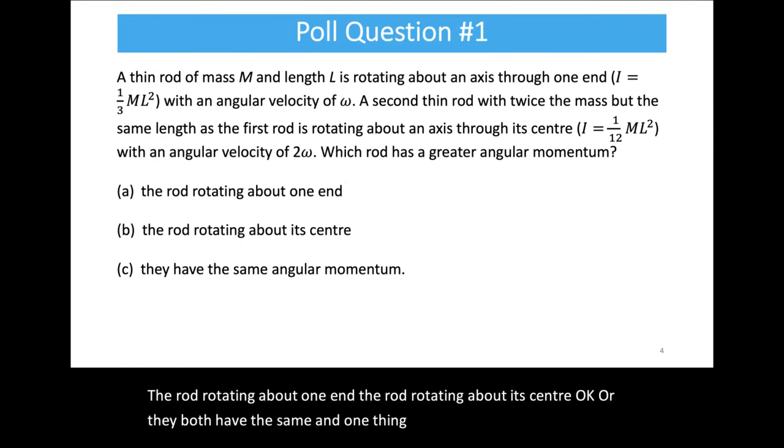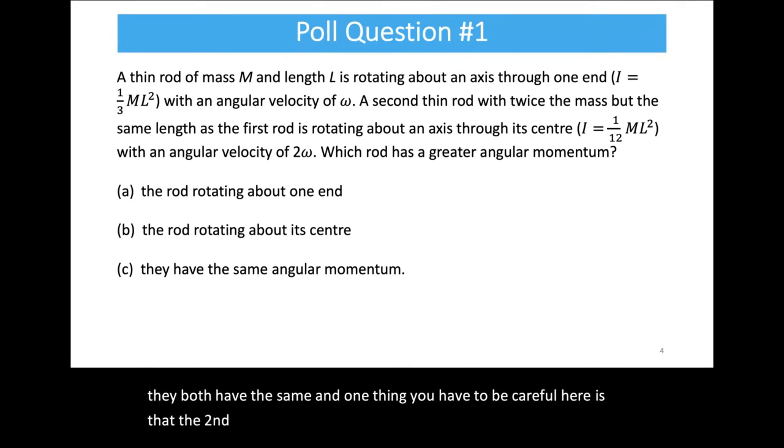And one thing you have to be careful about here is that the second one, the formula has a 1/12 in it, but it's got twice the mass and twice the angular velocity.